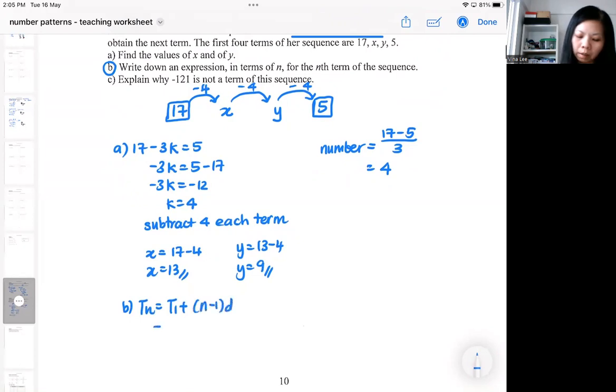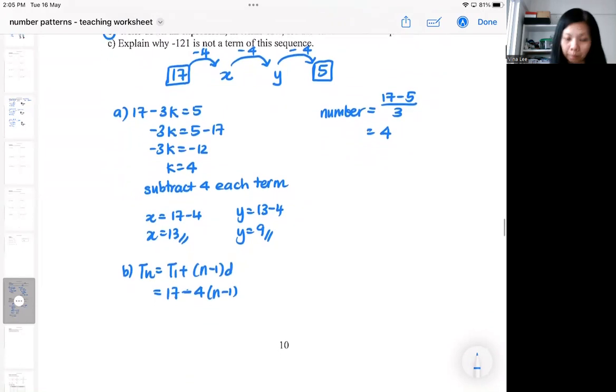So in this case, the first term is 17. The common difference is minus 4 because she keeps subtracting. So that's actually a minus 4. So open up the bracket. And that will be the general formula.